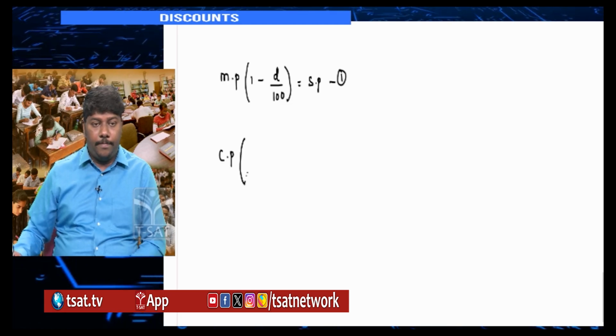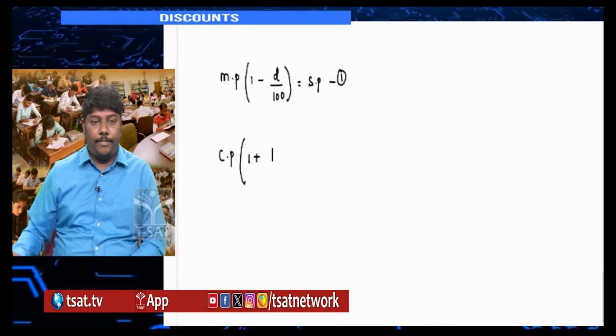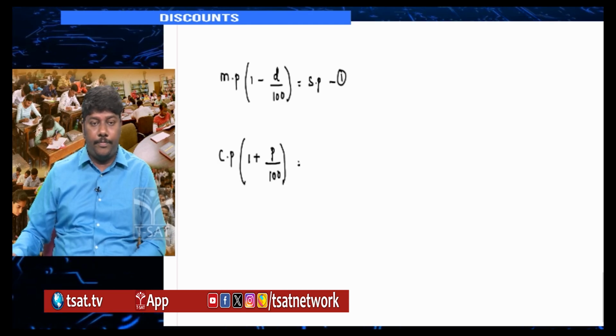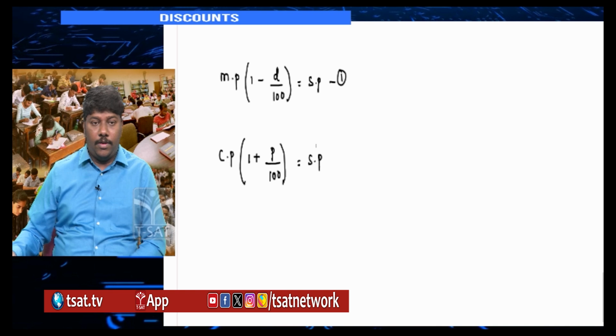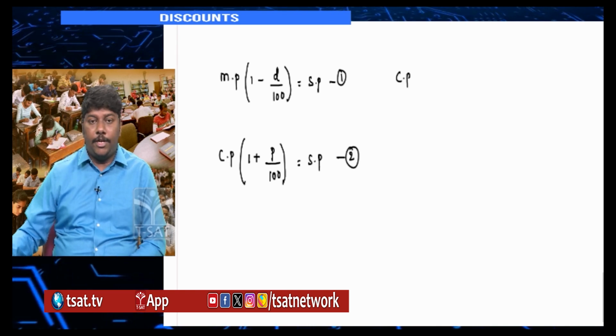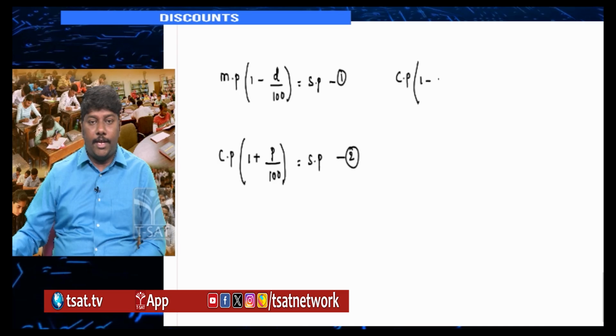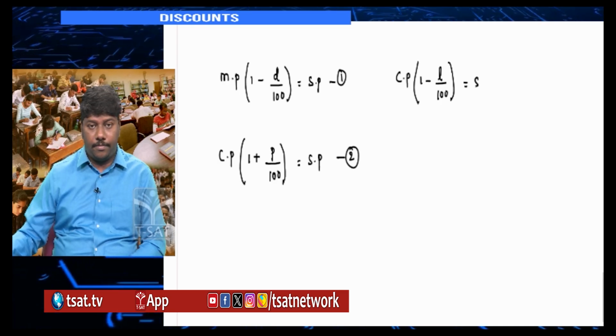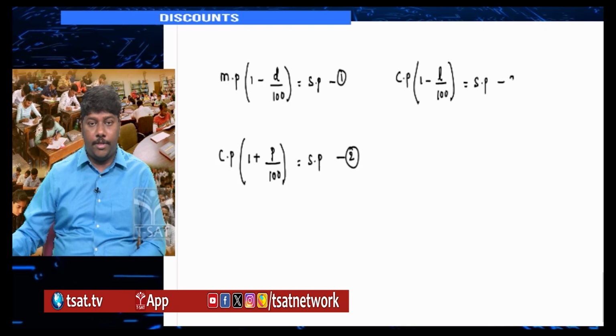When profit is given, or when you get profit, CP into 1 plus P by 100 is equal to SP. When loss occurs, you can say CP into 1 minus L by 100 is also equal to SP. Equation number 3.